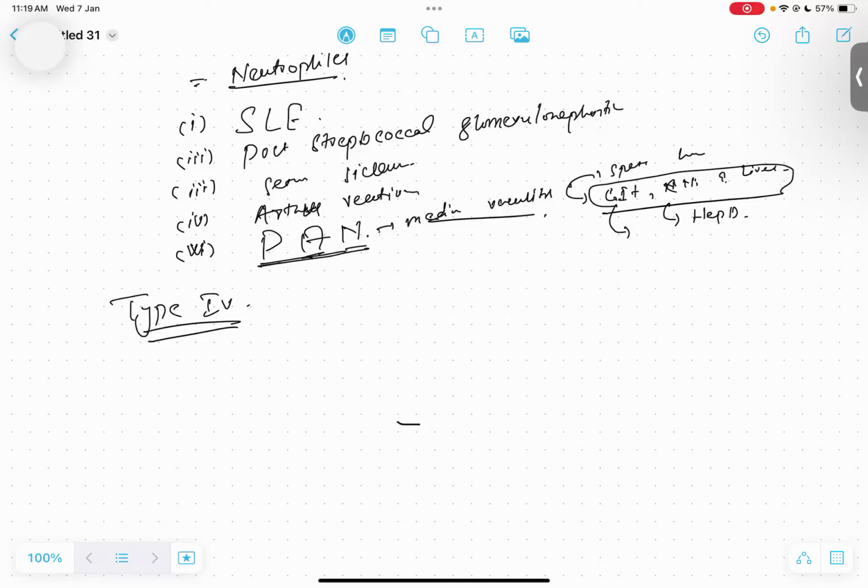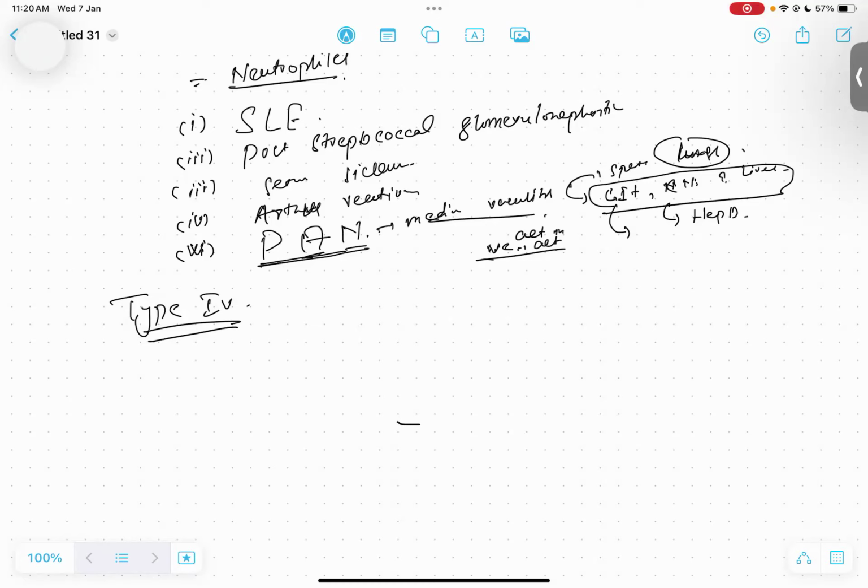It usually occurs due to accumulation of immune complexes in the vessel wall, and as a result vasculitis takes place. In PAN, remember, lungs are usually spared.